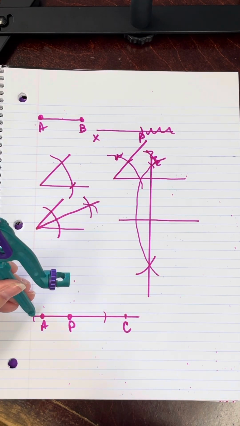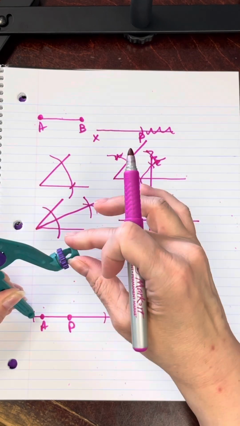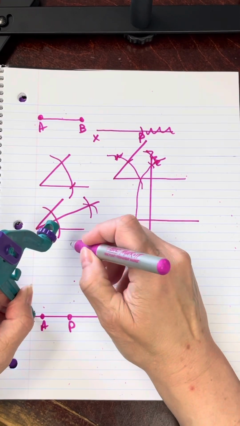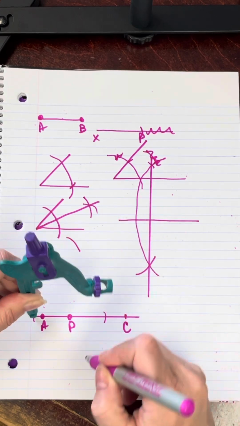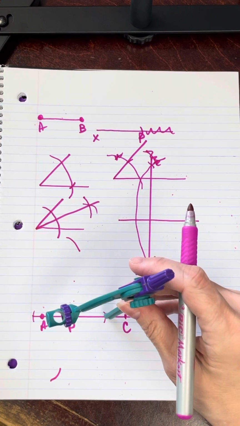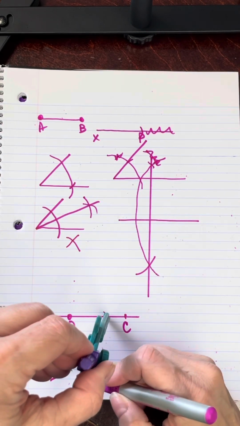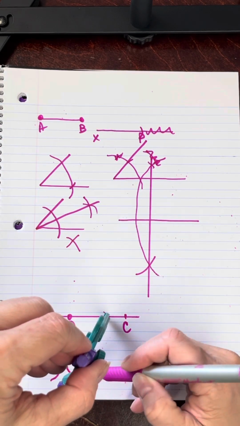Now I move to this intersection, and just like bisecting the angle, I adjust the pencil out slightly more than it was, and I do a mark above and below, and then I repeat with that same setting a mark above. Oh, I can tell that one was off, and below.